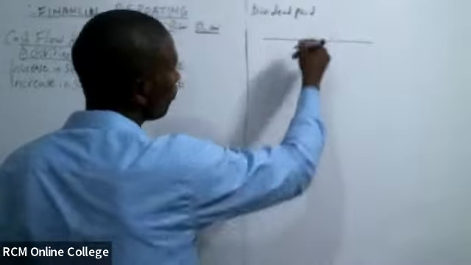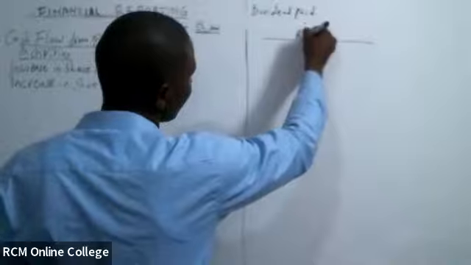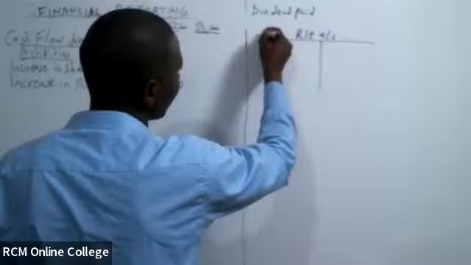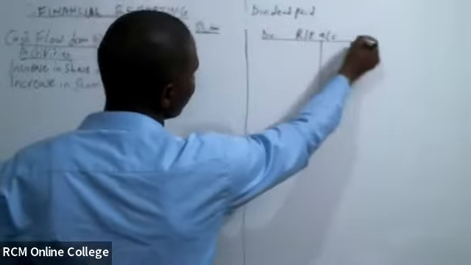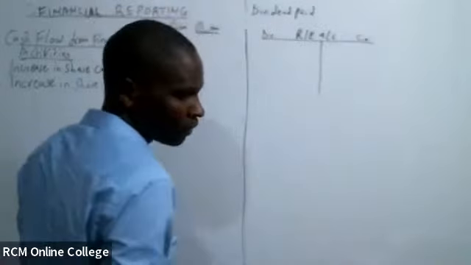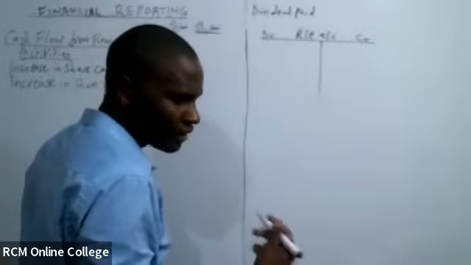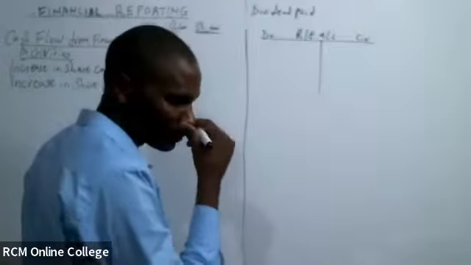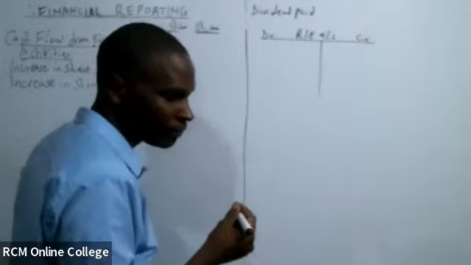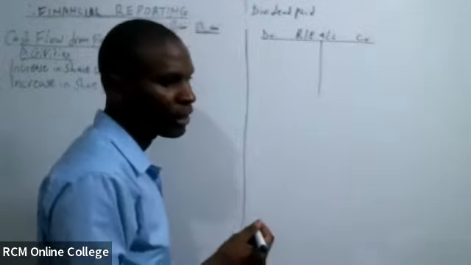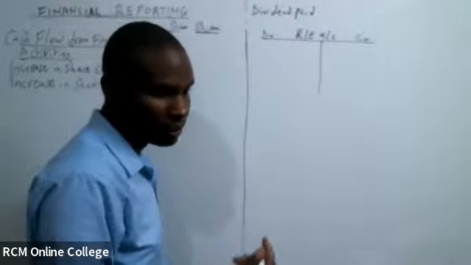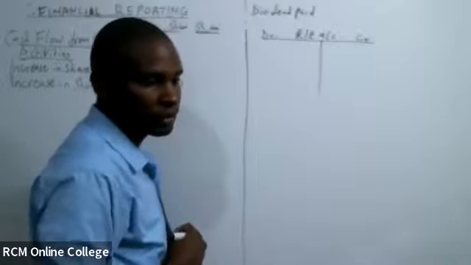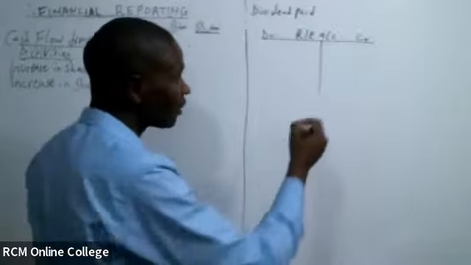So you open up an account, the retained earning account. I know that this side is debit, this side is credit. When I talk about retained earning, does it have a debit or a credit balance? Step by step, from the knowledge that you have. It has a credit balance.